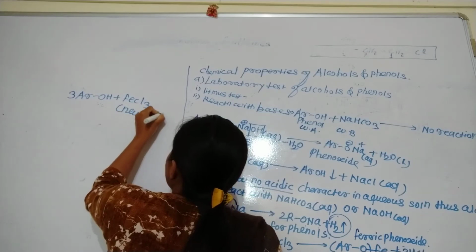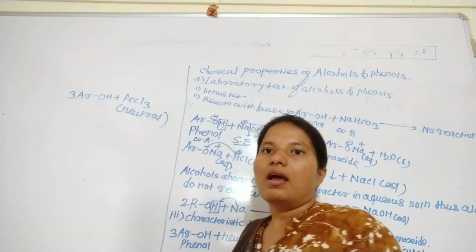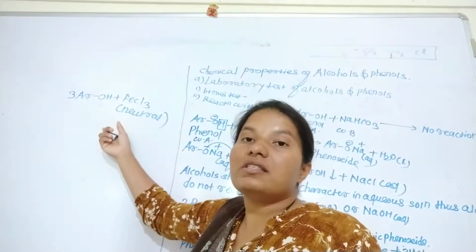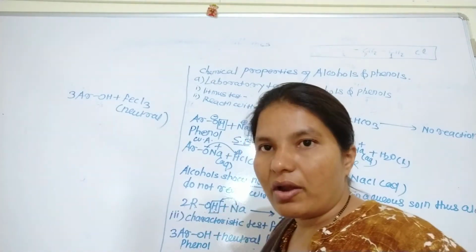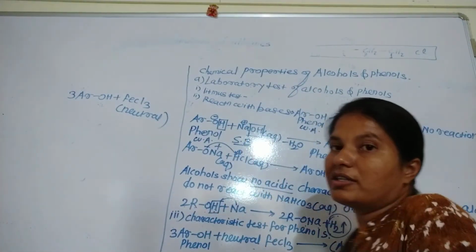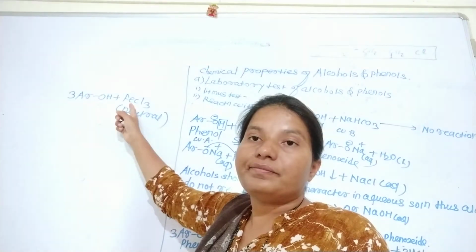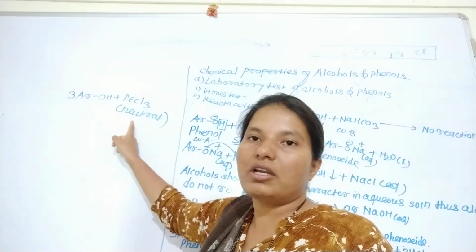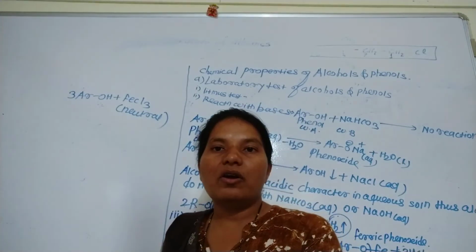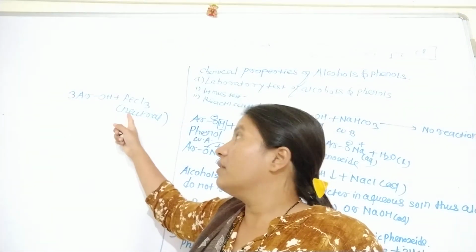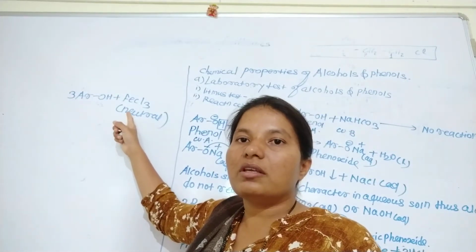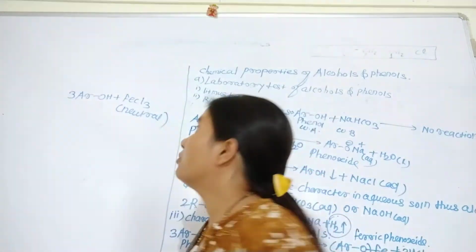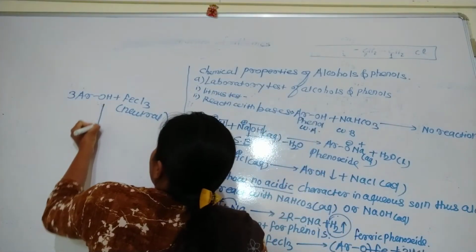Alcohol does not show any reaction with neutral FeCl3. Only phenol can show a reaction with neutral FeCl3. What happened in this case?